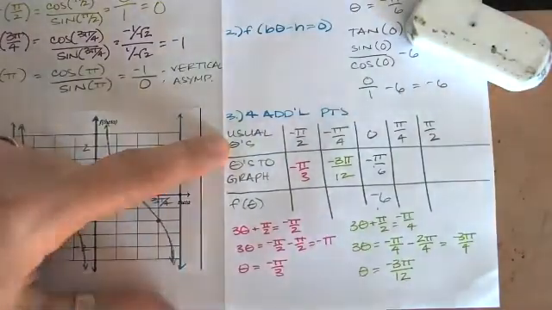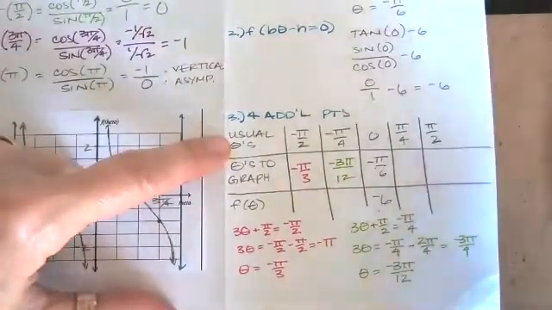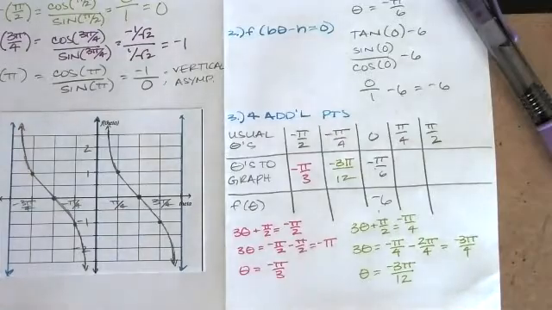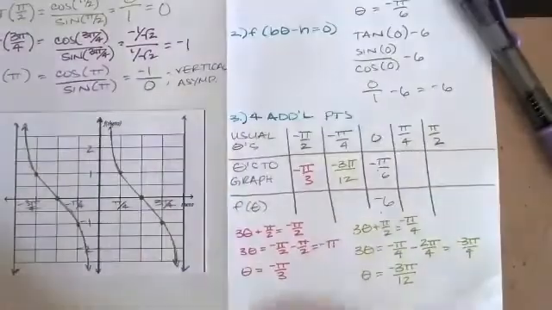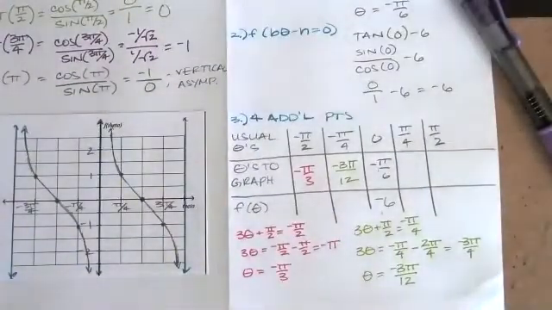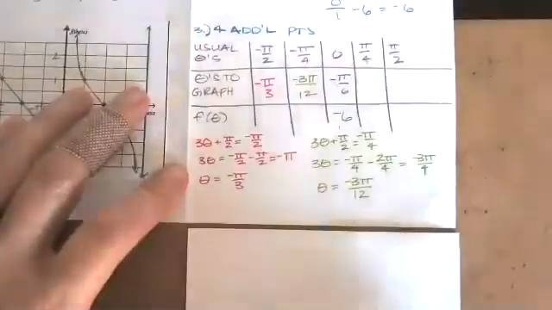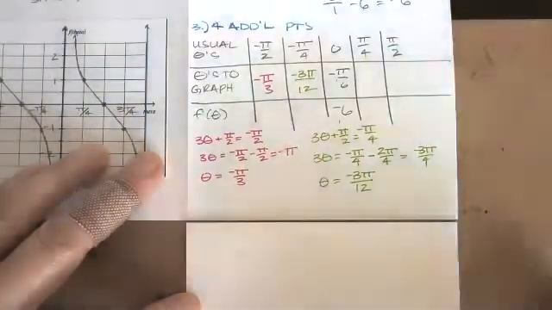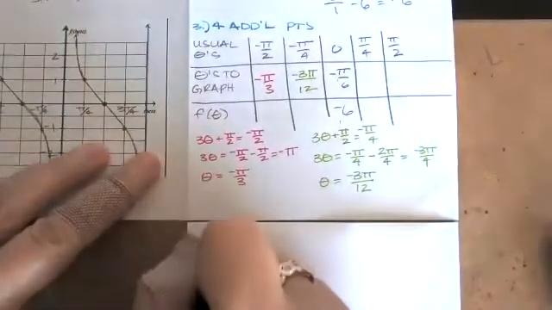Okay, so for pi over 4, I need another piece of paper. So for pi over 4, I'm going to say example 2.